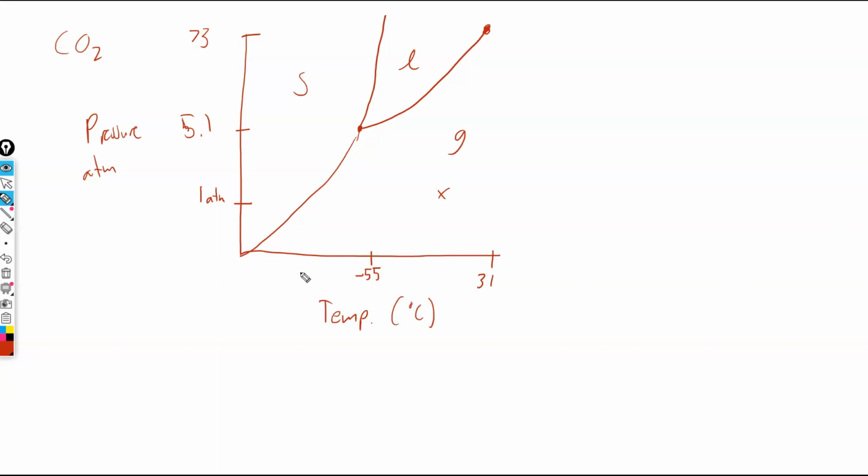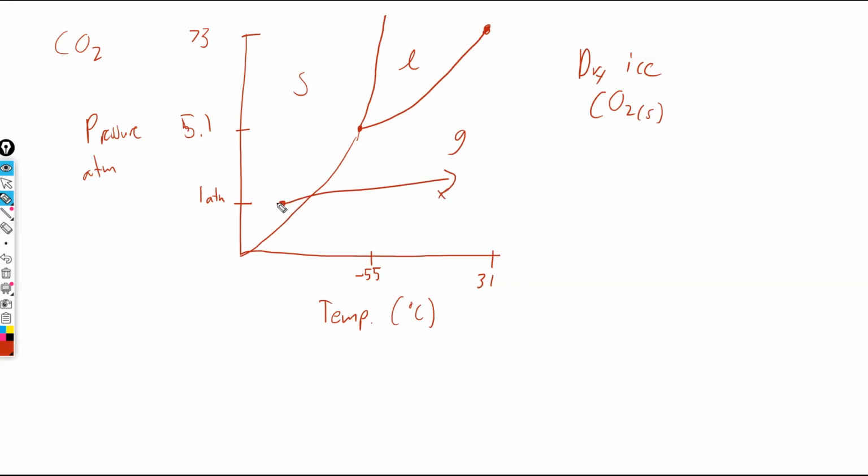So if you notice, if we put out dry ice, and dry ice is basically CO2 as a solid, so it's like ice, but it's just CO2 molecules instead of H2O. If I have dry ice, let's say I put it out on a countertop right here, it's going to automatically go to a gas because we're at a temperature over here, right?